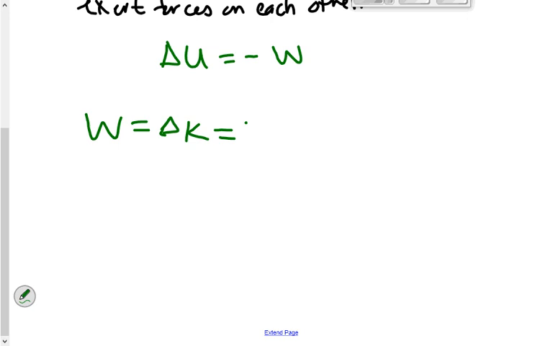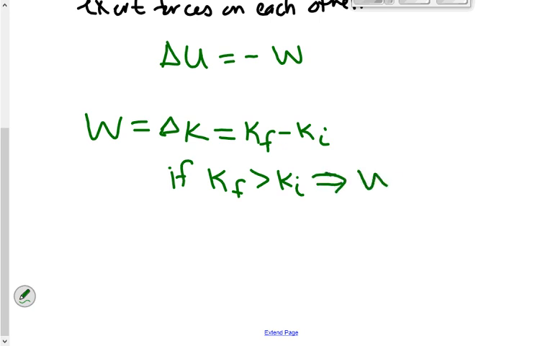And remember that the change in kinetic energy is K final minus K initial. And if K final is greater than K initial, if the object is gaining kinetic energy, then the work is positive.